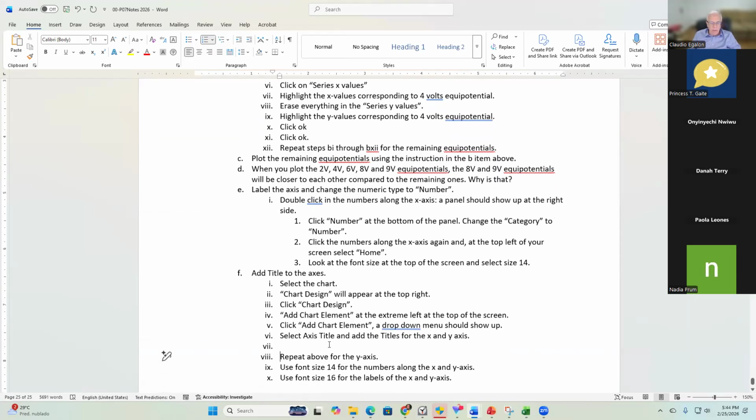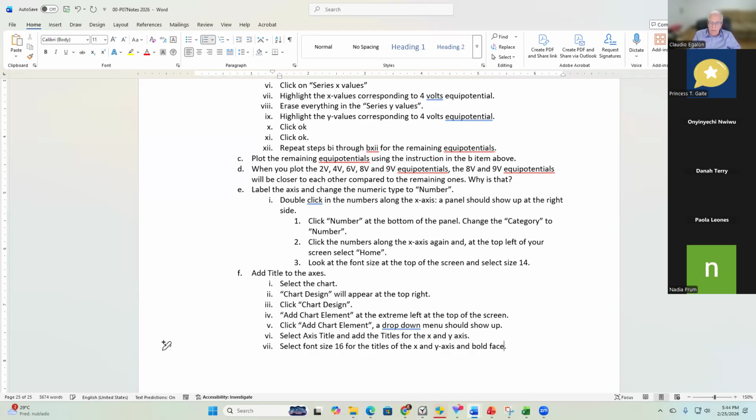Select font size 16 for the titles of the X and Y axis. That's what I did. And bold-face it too. I like it bold-faced.